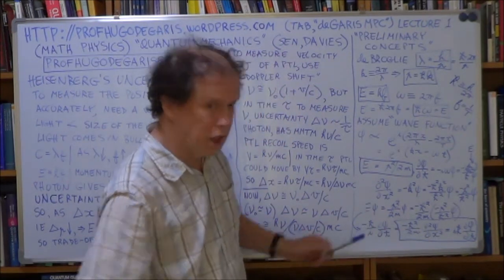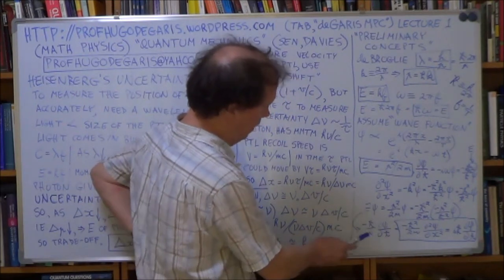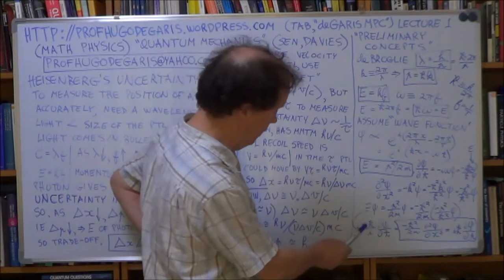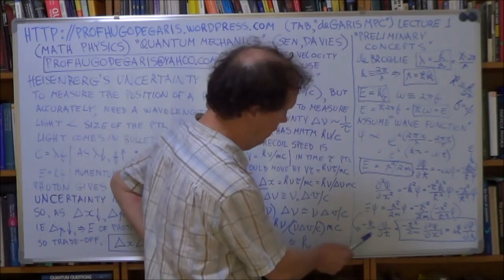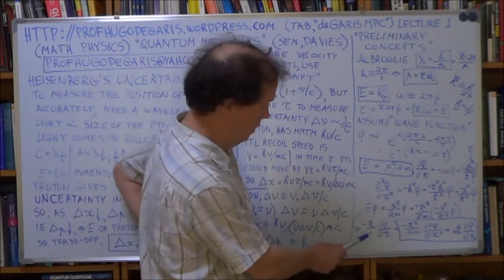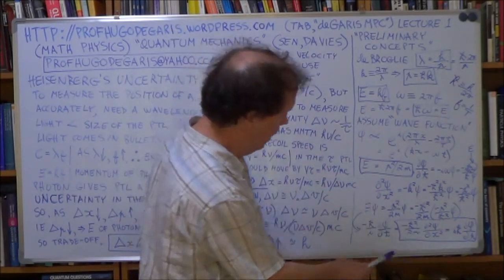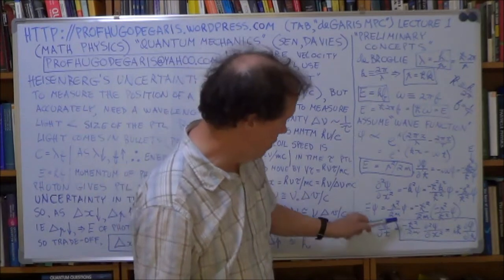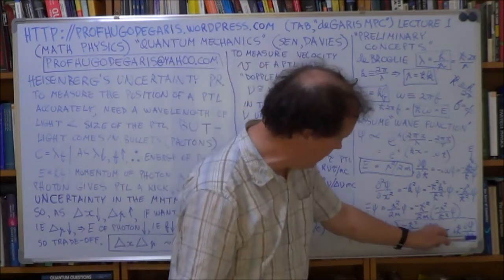And then you can tidy this up a little bit. Multiply above and below by i, so you'll get minus i h bar divided by i squared. So the two minuses cancel, and you're just left with this. So this equals that.